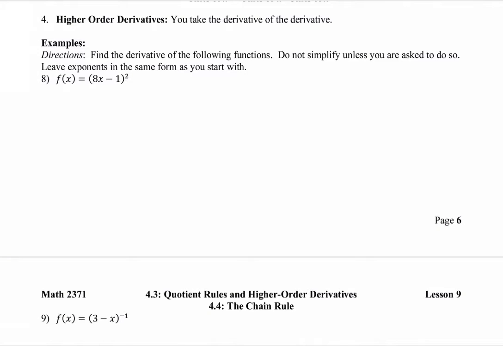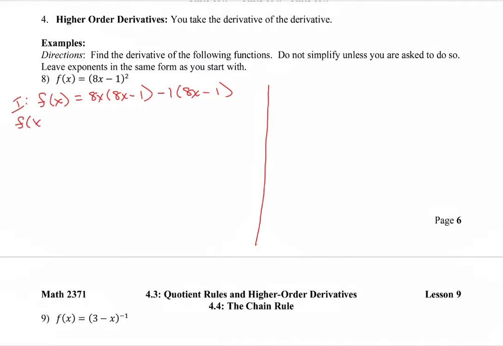So now let's get to how to do this. Now I'm going to do this example in two ways. So the first way is to not use chain rule. So what this says is f of x equals 8x minus 1 times 8x minus 1. So I'm multiplying it out.